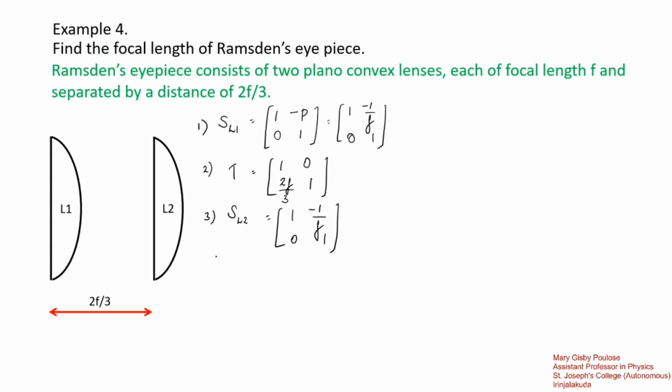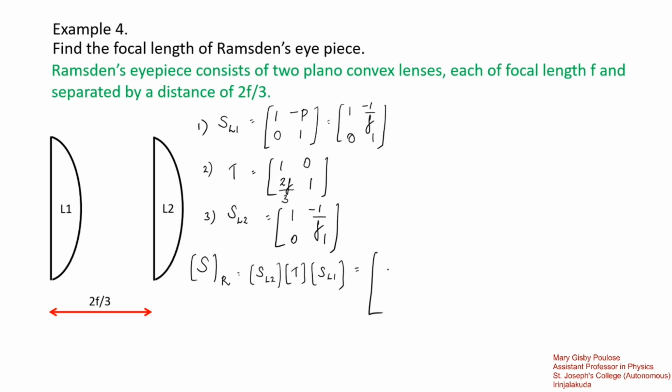Okay. So the resultant system matrix of the Ramsden's eyepiece can be written as the product of SL2, T, SL1 in the reverse order. You can do the math and find out the system matrix of this Ramsden's eyepiece.